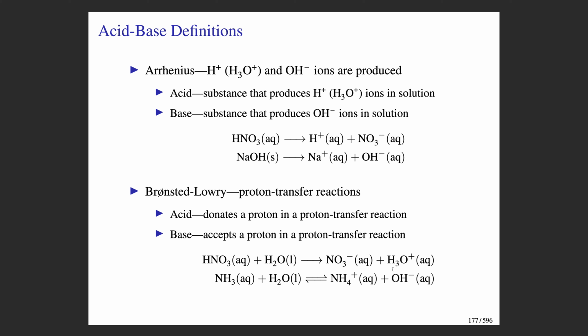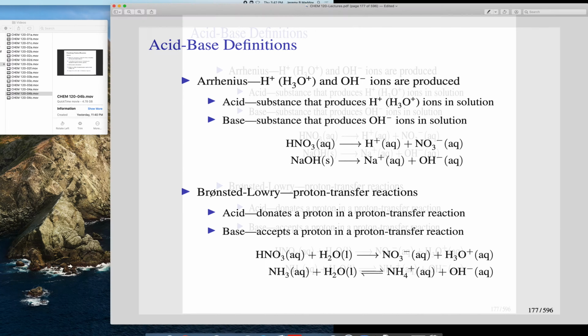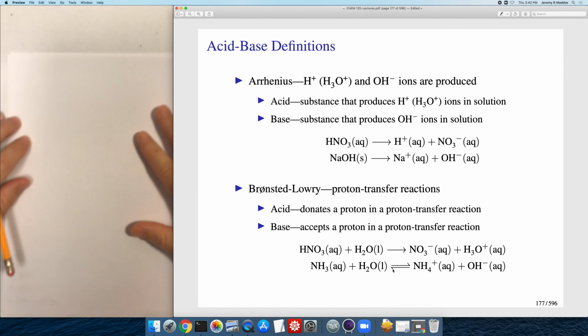I'm going to review two basic ways of thinking about acids and bases. The Arrhenius concept of an acid is a substance that produces protons in solution. Instead of thinking of protons, you can also think about forming hydronium, and that's because of the following type of scenario.